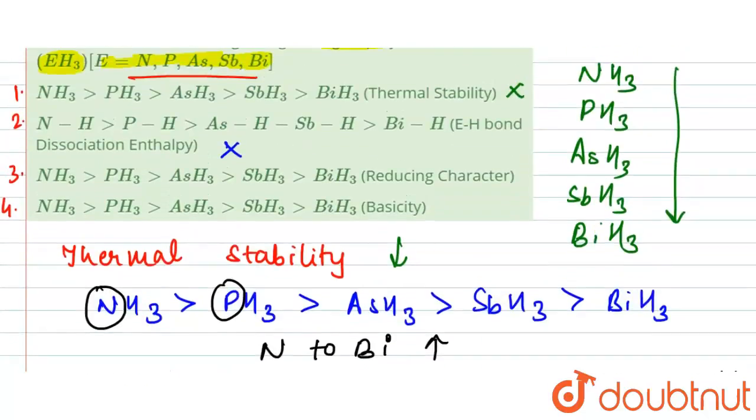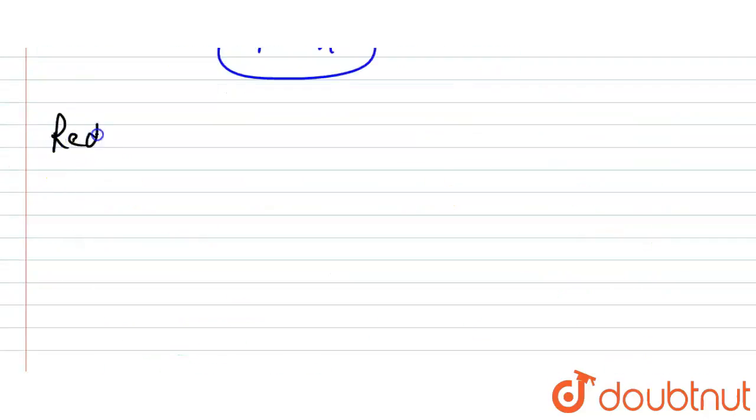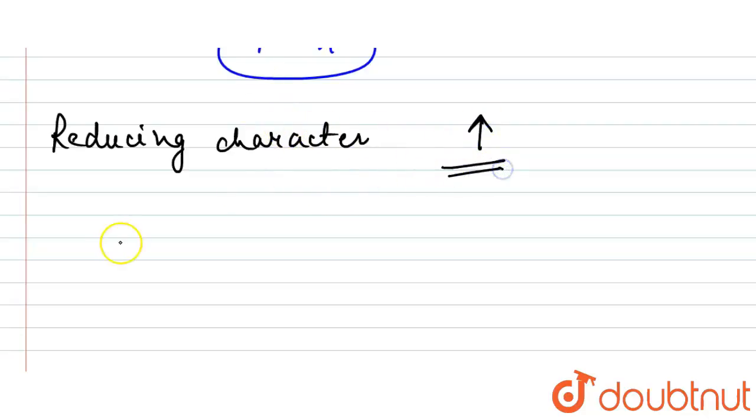Now if we talk about the reducing character, the reducing character relates to the electronegativity. As we move down the group, reducing character increases. Why? Because the M-H bond strength is decreasing, as we have already discussed.